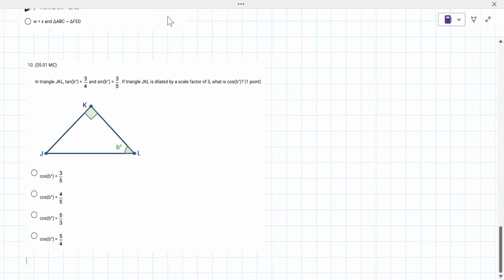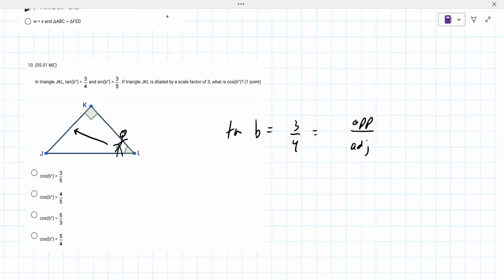Okay, so in triangle JKL, tangent of B is 3/4. So when you're standing here at B, tangent of B, which is 3/4, means it's the opposite over the adjacent. Tan is opposite over adjacent, sine is opposite over hypotenuse, and cosine is adjacent over hypotenuse.